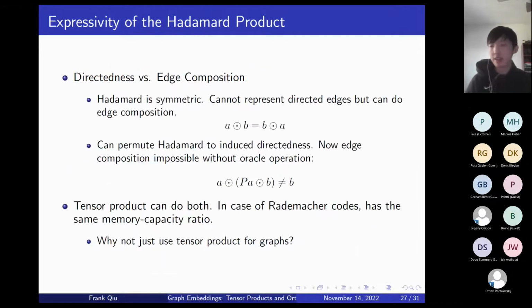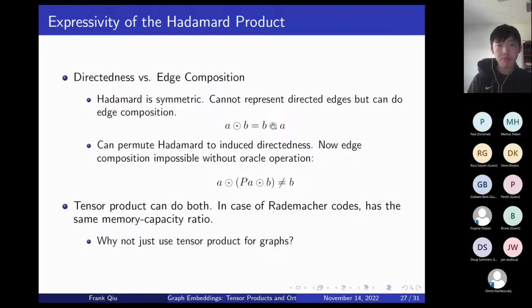So now let's look at the Hadamard product and its expressivity. We saw previously that, okay, maybe you're not gaining that much when you're saving in memory because there's a proportionate penalty in capacity. What about the expressivity? When you compress the tensor product, what else are you losing? Well, specifically for the Hadamard product with permutations possibly applied, you are losing some expressivity. For example, the Hadamard product is symmetric. So naturally, it can't represent directed edges, right?